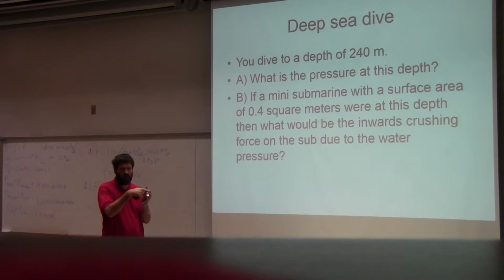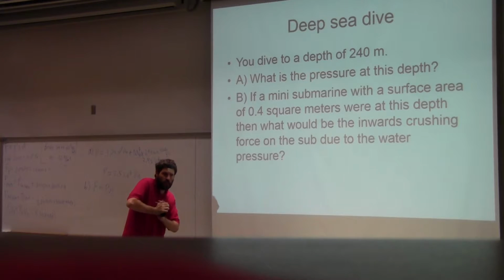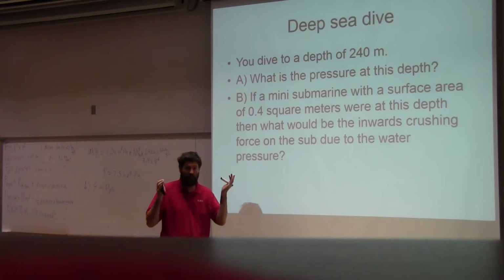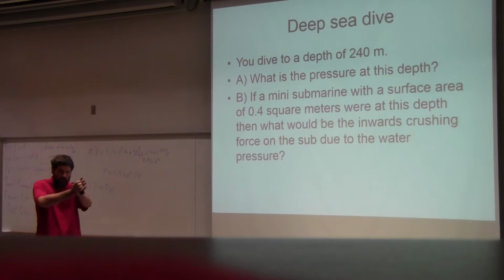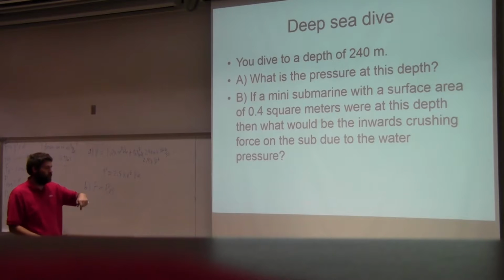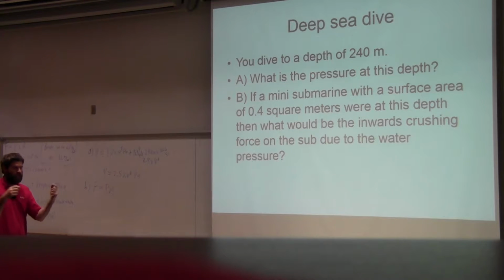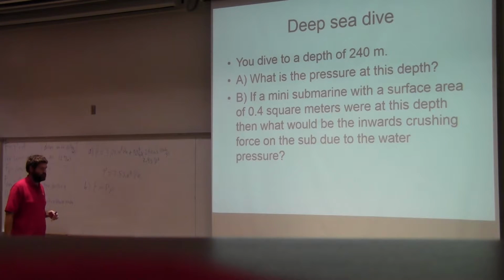And so normally those would kind of cancel each other out. But in this case, we're just looking at crushing force, so it's all pushing inwards, so the direction's inwards for everything. So this is how much this submarine's trying to be crushed, because if the submarine goes too far down, that force inwards can no longer be counterbalanced by the force outwards, and it just gets turned into paper mache, even if it's made of metal.